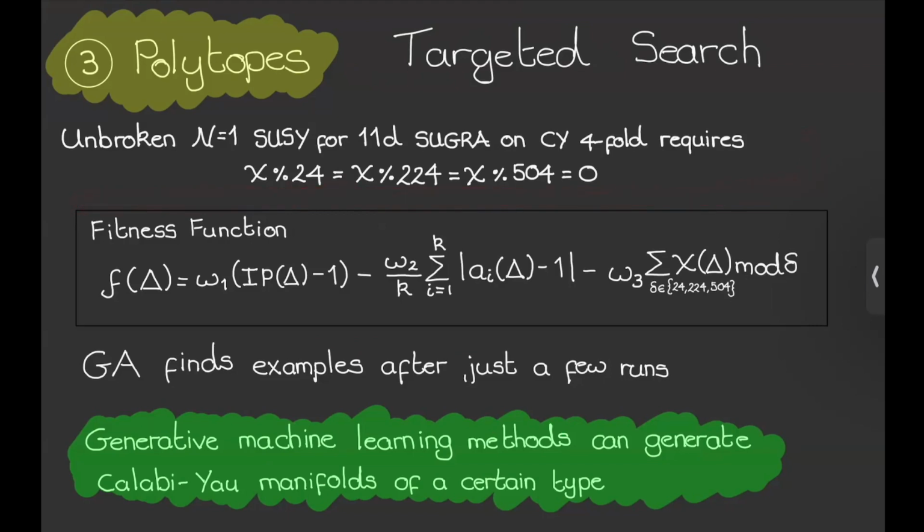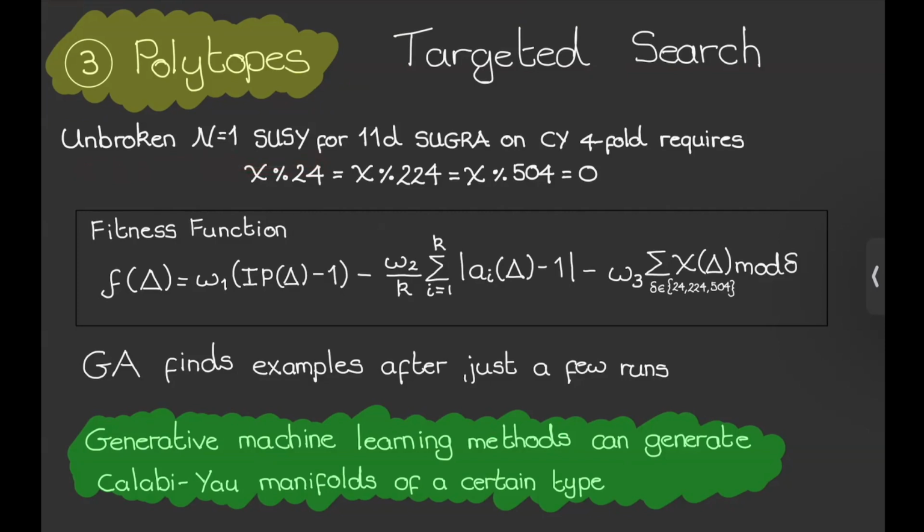Okay, I know this is more of a maths audience than a physics audience, so it's probably not going to mean anything to the people here, but I'll just state it anyway. The condition is for 11-dimensional supergravity compactified on a fourfold to give you unbroken N=1 supersymmetry.